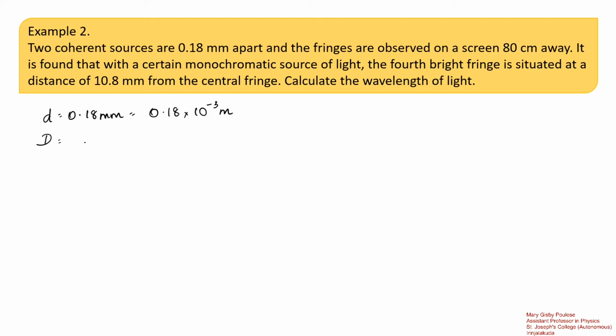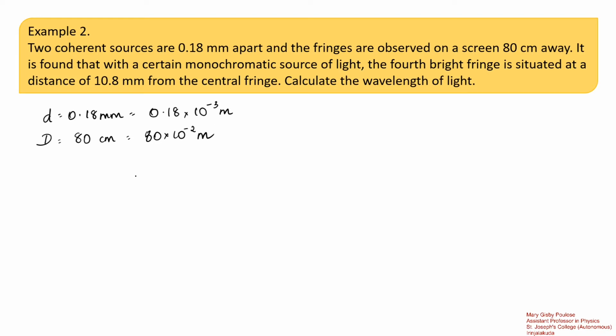So capital D is given as 80 centimeters, that is, in meters, 80 into 10 raised to minus 2 meters. Now, for a particular wavelength of light, the fourth bright fringe is situated at 10.8 millimeters from the central fringe.